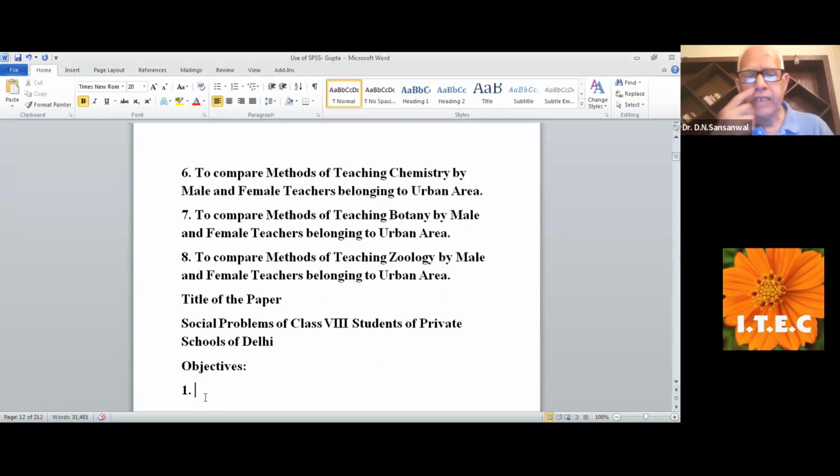So the objective can be to compare social problems of urban and rural students.